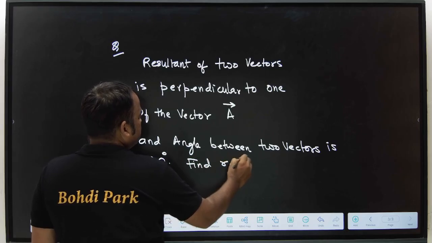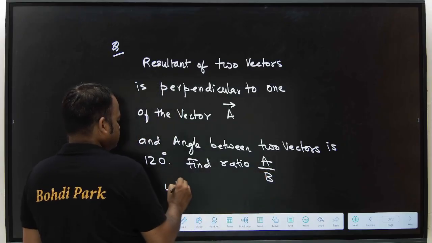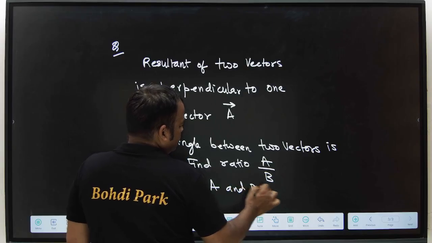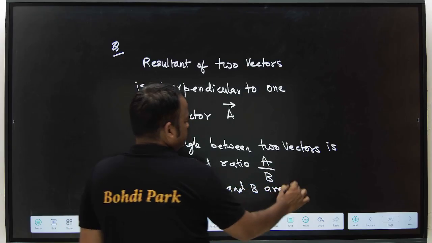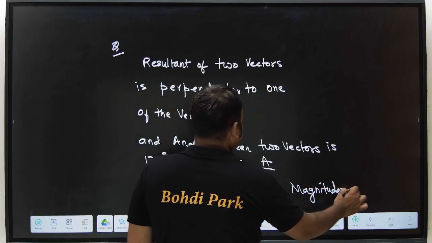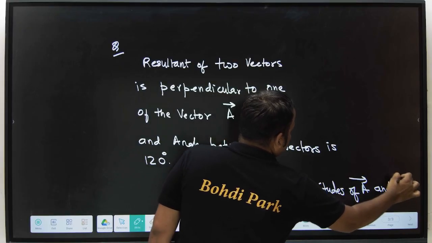Find ratio a by b, where a and b are magnitudes of a vector and b vector.